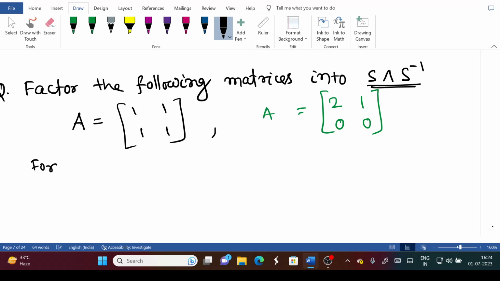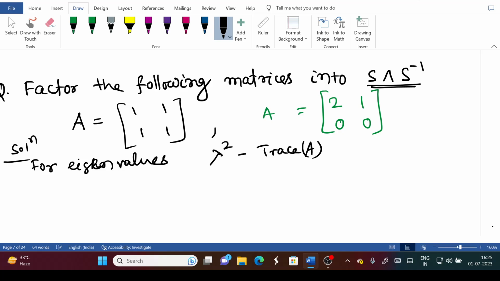For eigenvalues, we require the characteristic equation. What is that? Lambda square minus trace of A into lambda plus determinant of A equal to 0. Why can I use this formula?